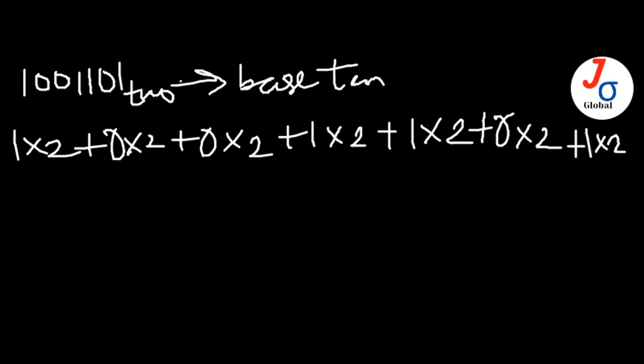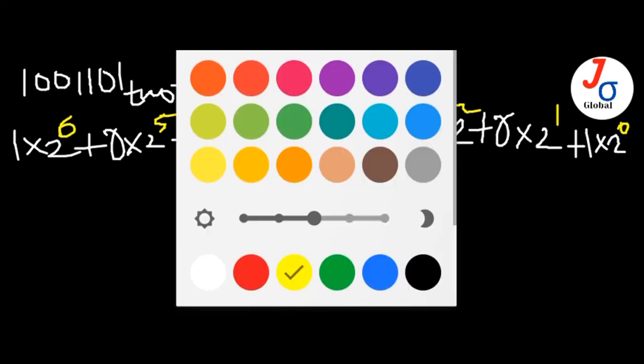Okay, so we're going to start giving exponents, powers, to the bases from the right hand side. So we have 0, 1, 2, 3, 4, 5, 6. Okay, good.